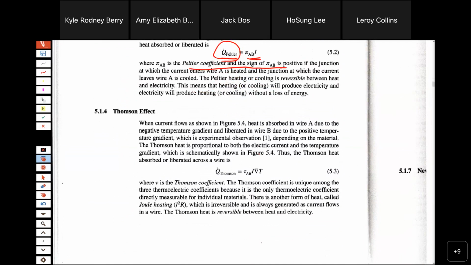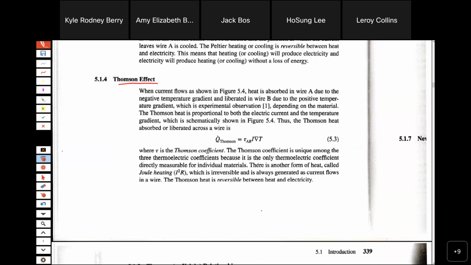Now, one more phenomenon is the Thomson effect. This is a different effect, okay? What we found is if there is a temperature difference and the current, then there is heat flow, in addition to Peltier cooling.